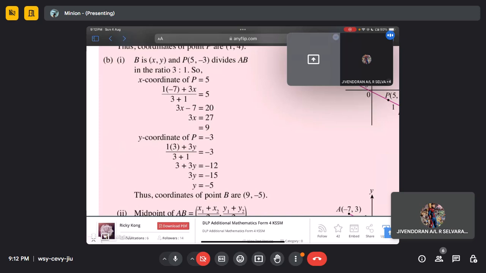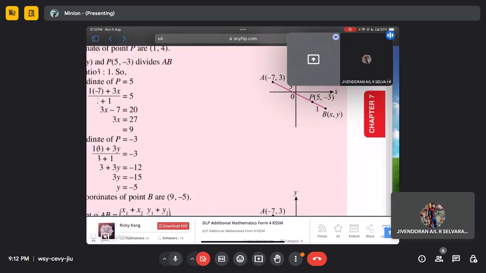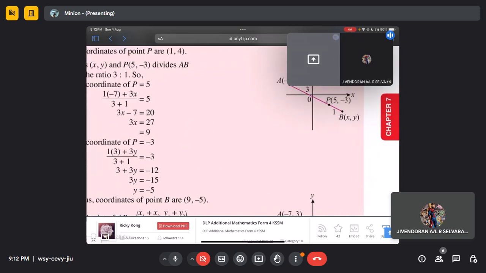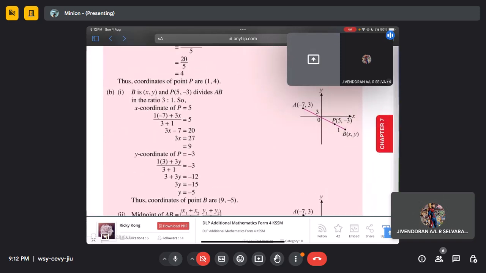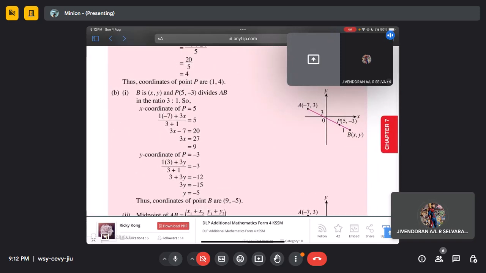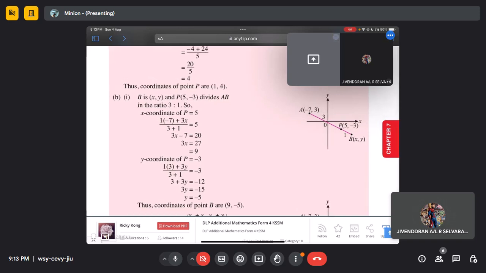Let's find the y coordinate now. P equivalent to -3 for y. So 1 times 3 plus 3y. 3y is 3 times y. Divided by 3 plus 1 is equivalent to -3. -3 is the y coordinate.